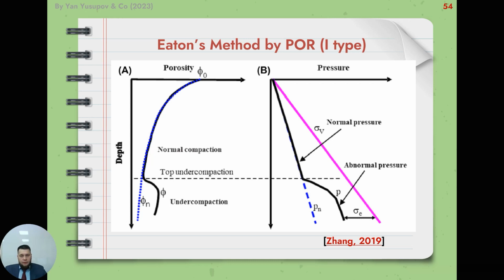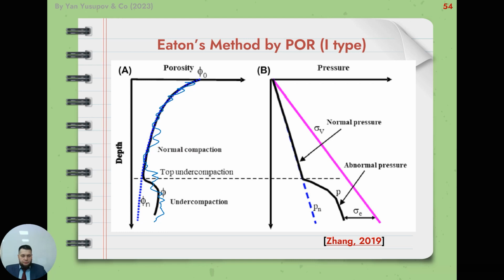Also, the porosity can be used for prediction of pore pressure by Eaton's method. The principal scheme of working with this method you can see on this slide. At first we have the distribution of porosity for the whole cross section of the well.